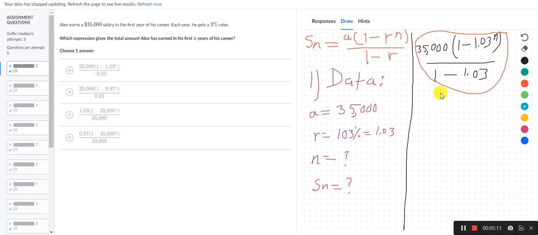We can further simplify this as 1 minus 1.03, which is going to be the same as negative 0.03. Okay, so it seems like the first term, this part here, A, is the answer in this case.